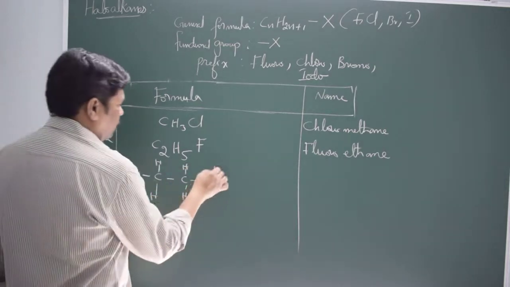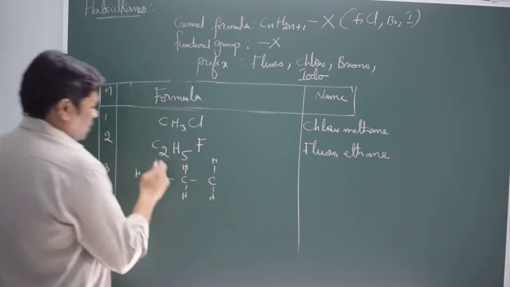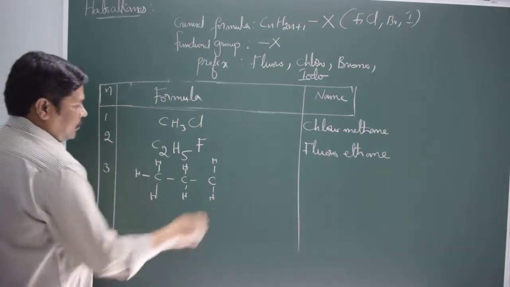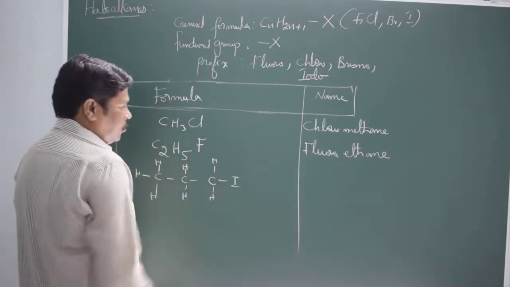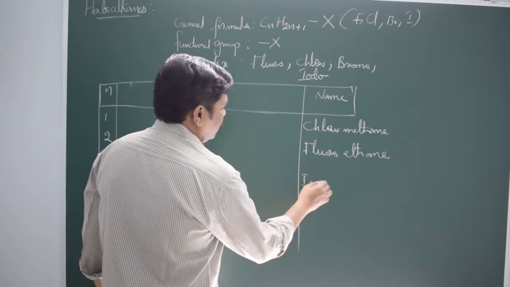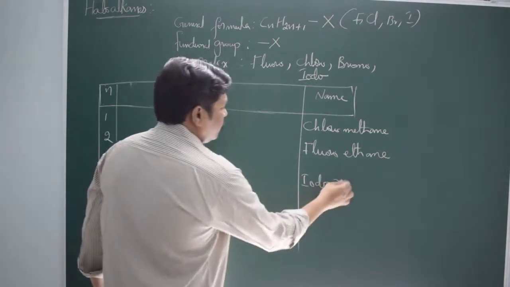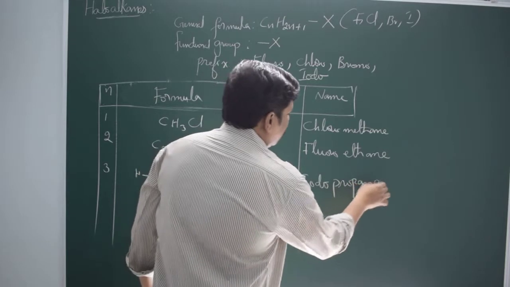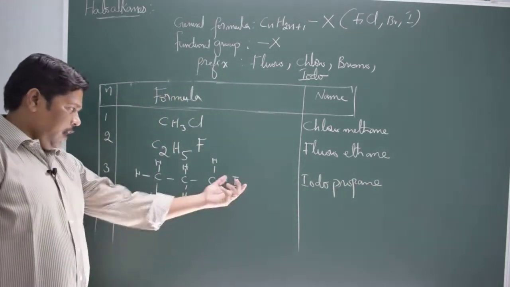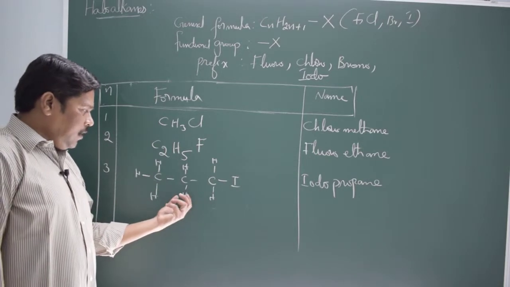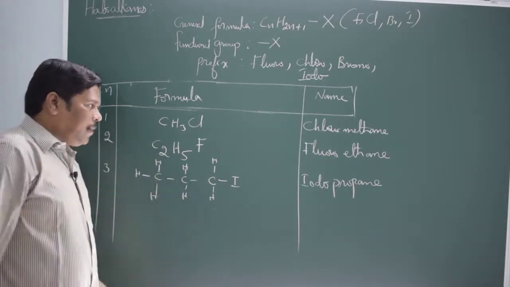So 1, 2, 3, 4, 5, 6, 7. Here I am going to add iodo. So this is iodine, so iodopropane. I want to add this iodine by replacing the hydrogen atom from the middle carbon atom.